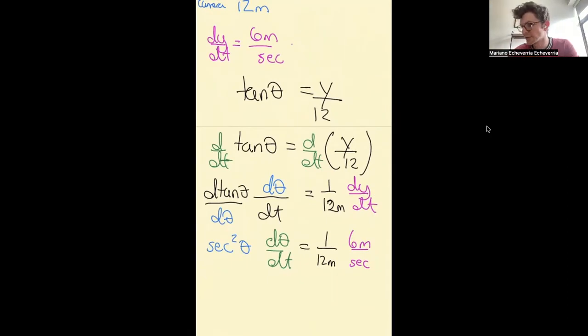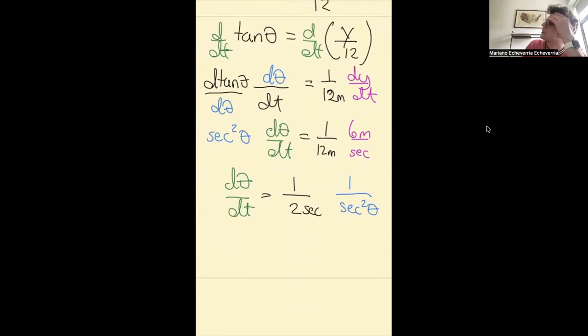From here you can solve for d theta dt. And so what does that give you? 6/12, that's 1/2. You can keep the units if you want, so you can keep seconds. And then you can divide both sides by secant squared, so you can put secant squared here.